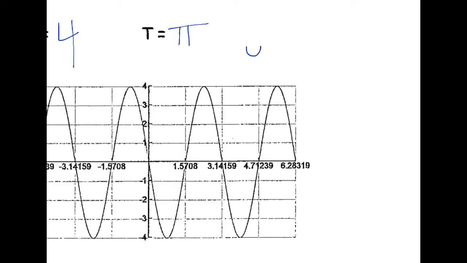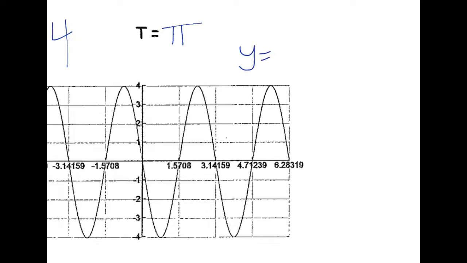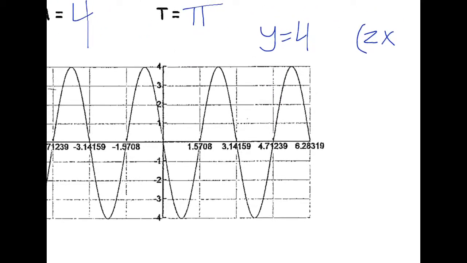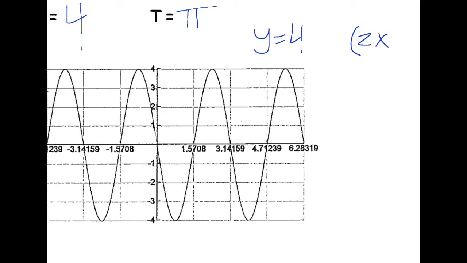So when I write my equation, it's going to be y equals, I know 4, and then I'm not sure if it's sine or cosine yet, but 4 times, and on the inside I know I have to have a 2x right there.